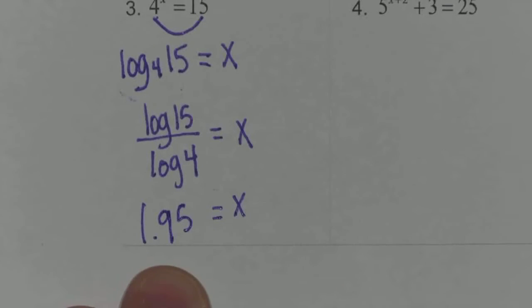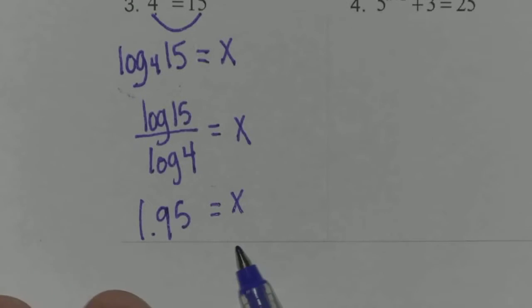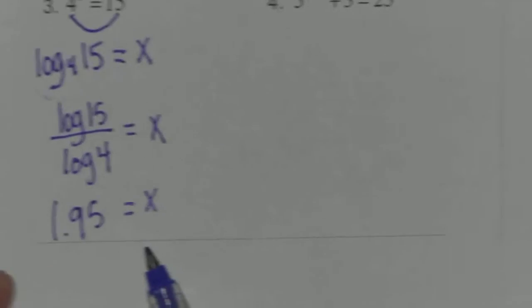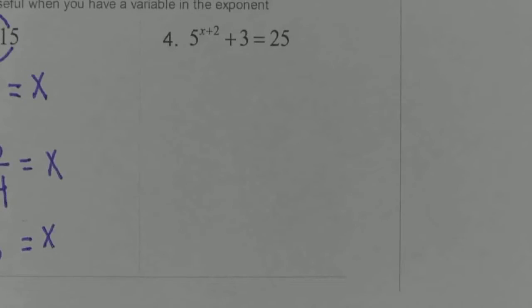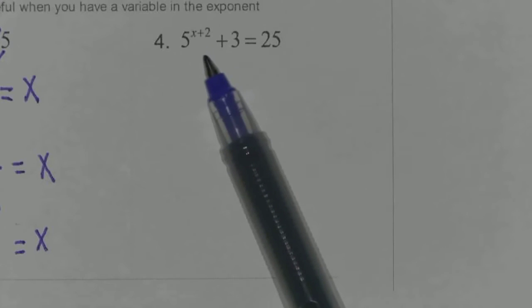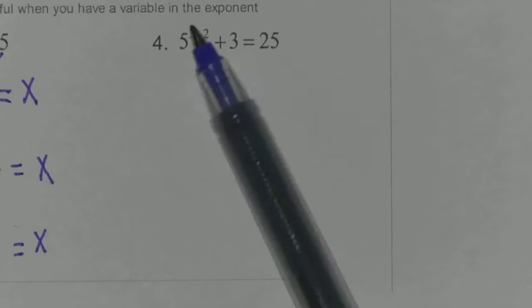The log of 15 divided by the log of 4 is 1.396. Make sure your mode is in degrees. Okay, 1.95. You guys agree with me on that? Okay, I'm going to move on to this next problem.